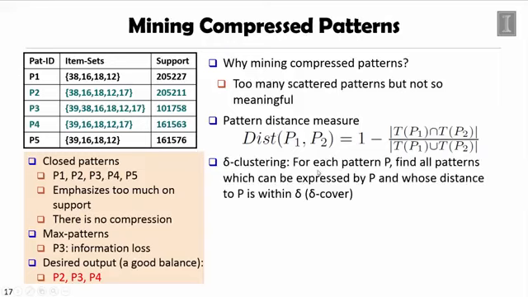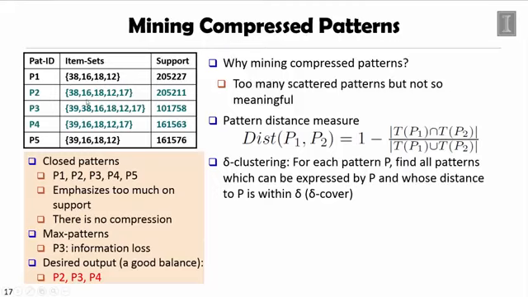Based on this, we probably can see we may be able to define a delta clustering or delta cover. That means the delta cover of pattern P is finding those patterns that can all be expressed by P, where the distance is within delta.